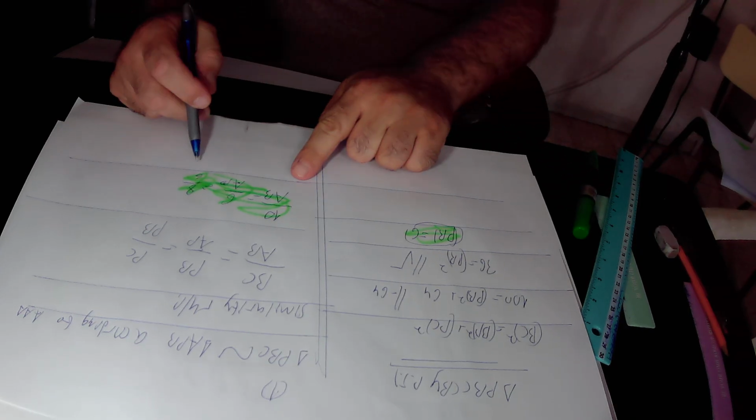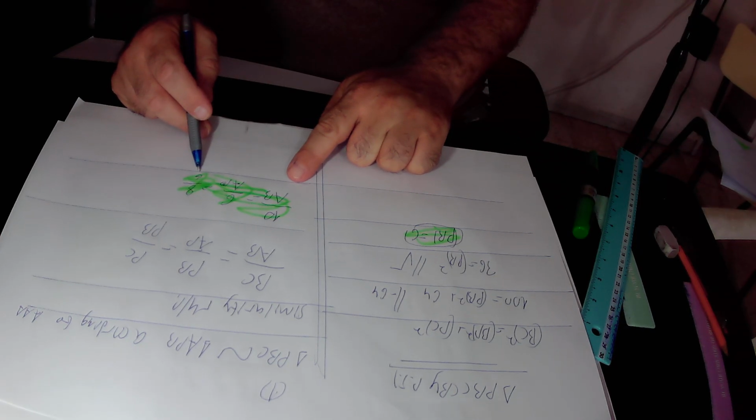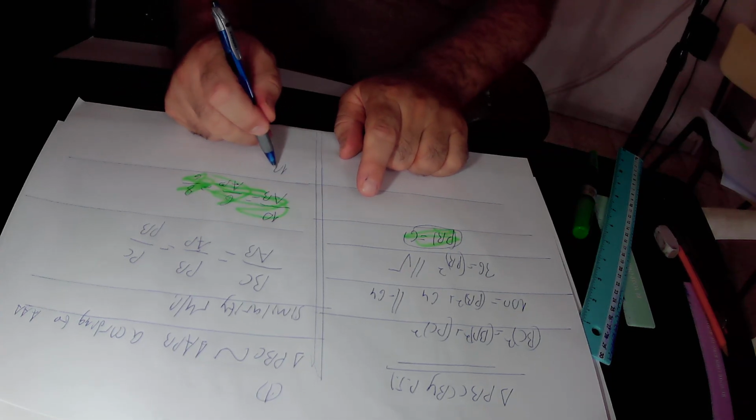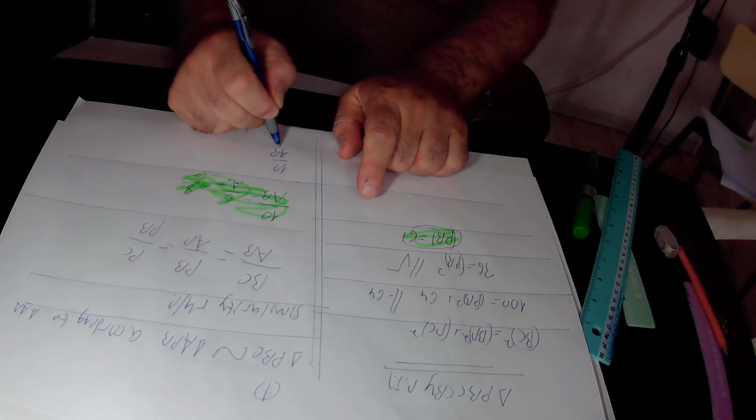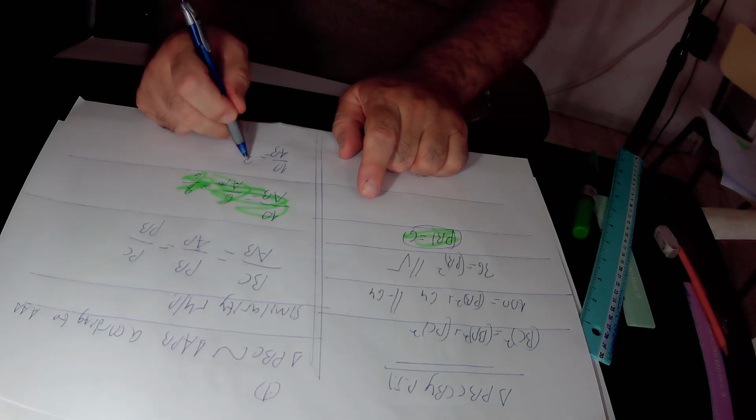Those two expressions are equal to each other. Therefore, we get the first equation from those two expressions. According to the first equation, we get that 10 over AB equals 8 over 6.